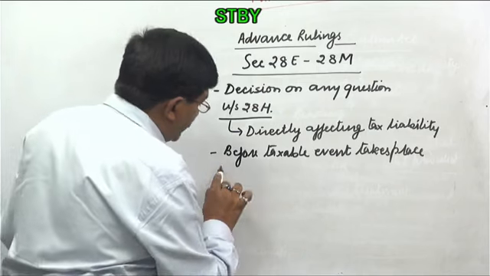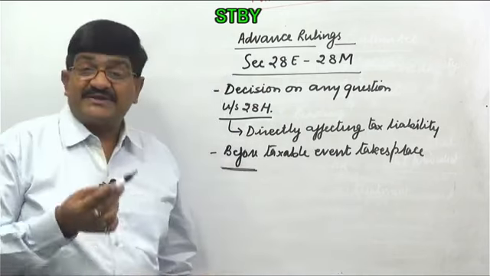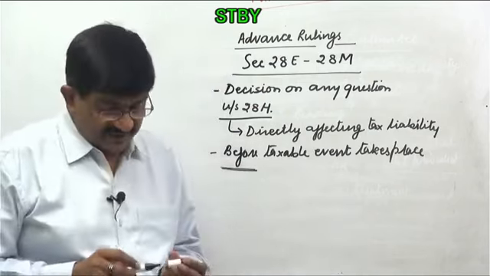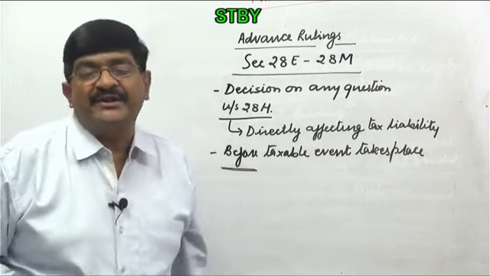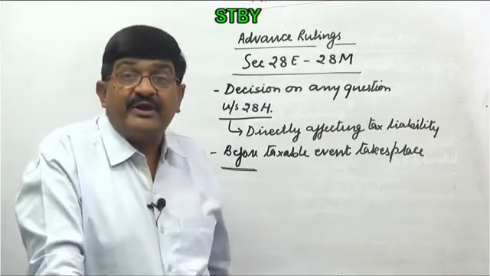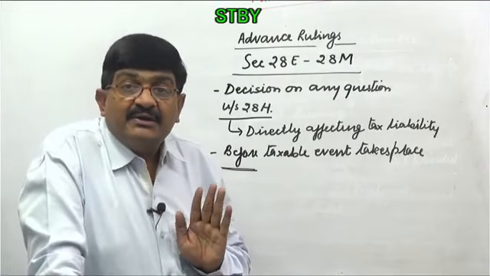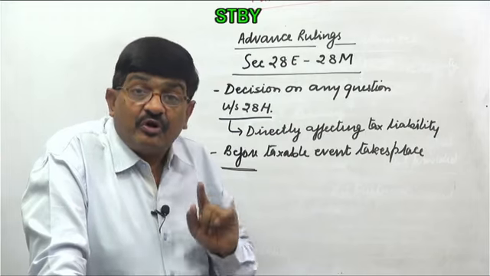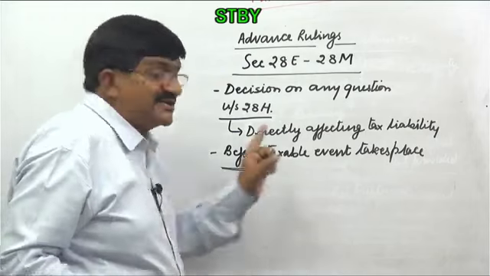So this before is very important, because once the taxable event has taken place, then this advance ruling authority cannot do anything. Thereafter it is purely adjudication work and appellate work. In that case, advance ruling is not possible. So this is before the taxable event takes place.